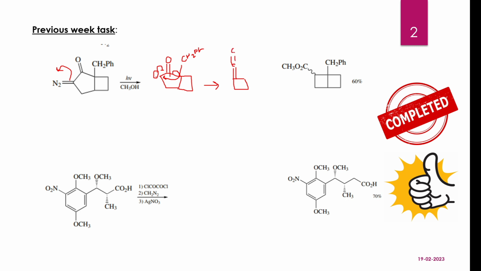We will get this type of ketene intermediate, and I'm writing this group as R. Here, as methanol is present in the medium, the oxygen of methanol will attack here and go up and down.